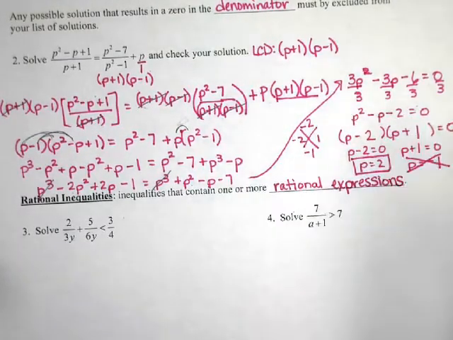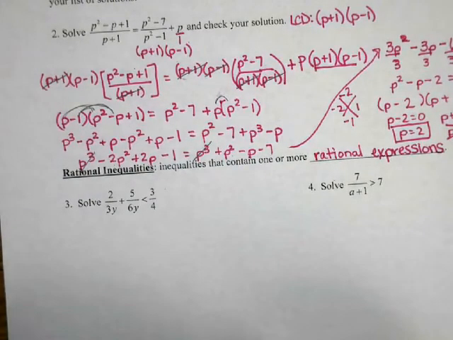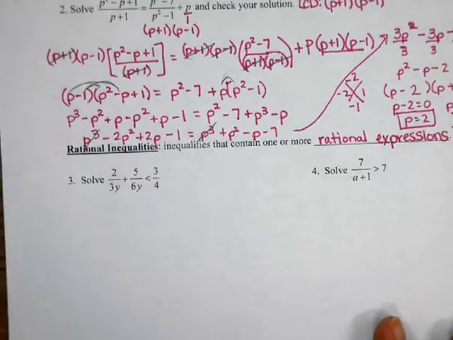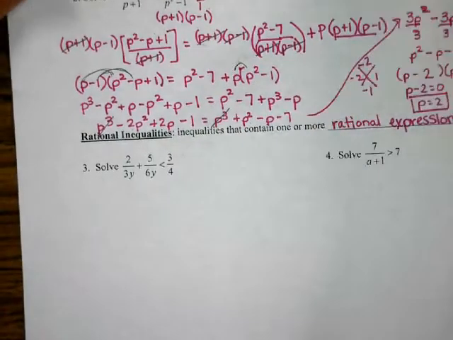All right, now, like I said, the difference with these ones is we're going to keep our denominators. Okay? So I'm going to do everything, and I'm going to get everything on one side of the equal sign, and I'm going to keep my denominator. Alright, so I'm going to move this guy over.